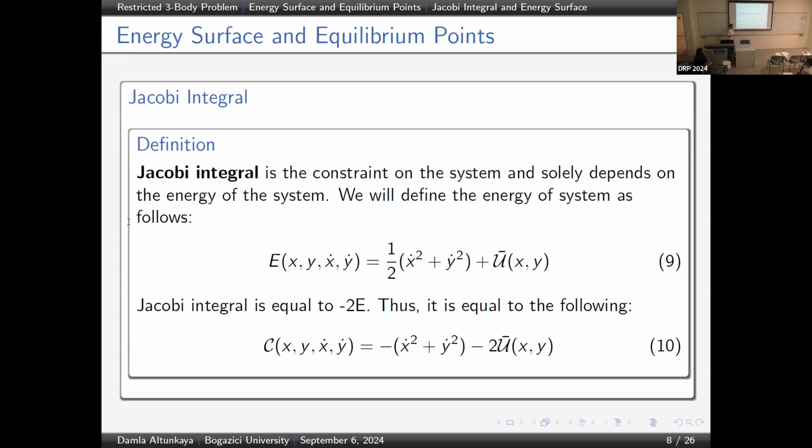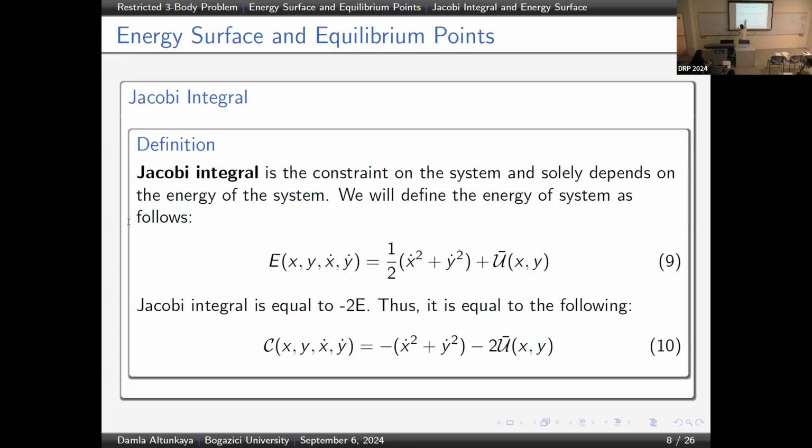Now I will give some definitions regarding the evolution of the motion. The Jacobi integral is the constraint of the system and depends on the energy, and it is equal to -2 times energy. You can derive the Jacobi integral using the energy function and equations of motion.